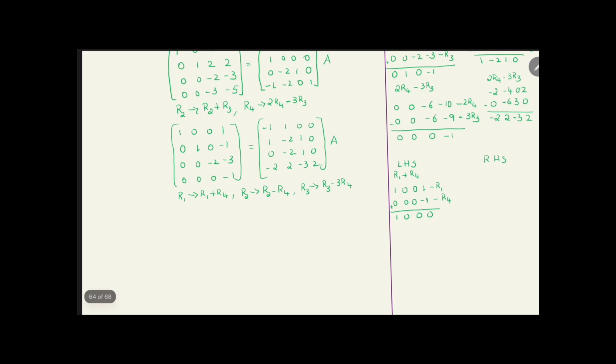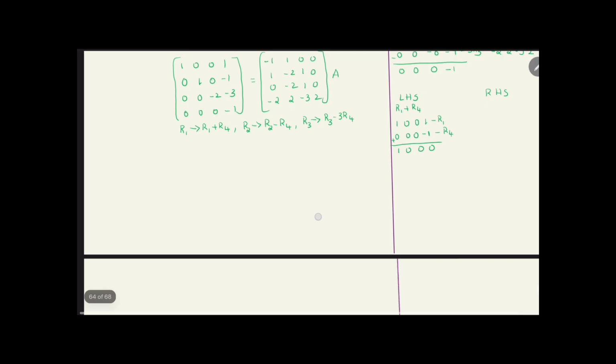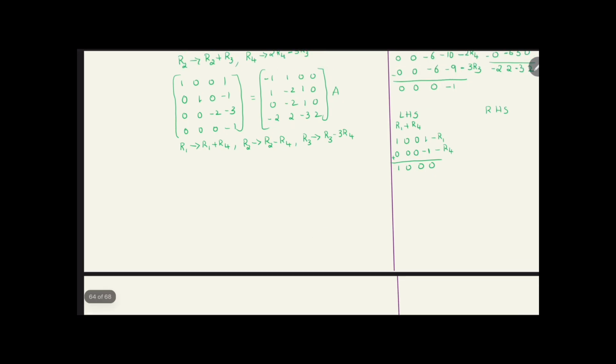Now what is the second operation? This is the second operation, right? So second operation, that is R2 minus R4. So what is R2? It is 0 1 0 minus 1, and R4 it is 0 0 0 minus 1. So I should subtract these two.